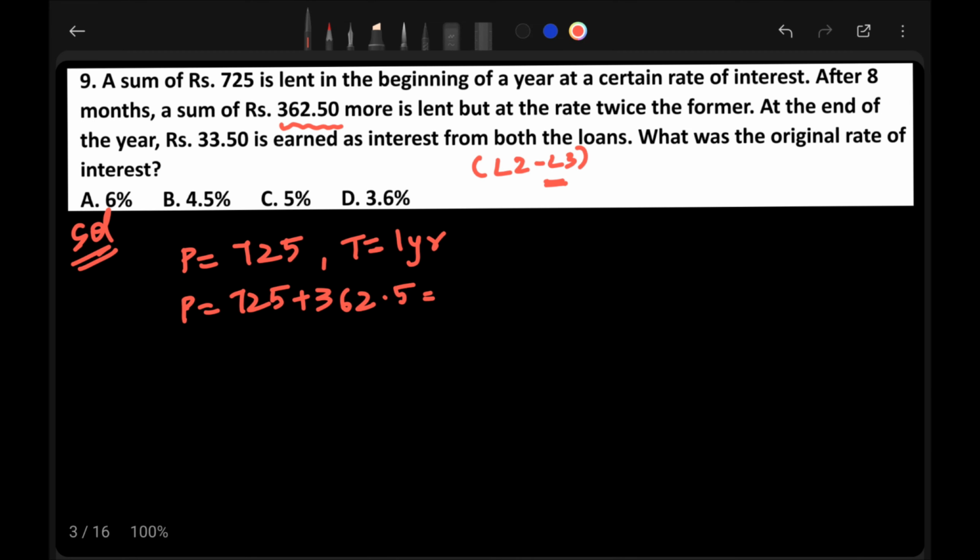Sorry, not add. This is the extra amount, right? So what we shall do, this is for 1 year. Here we shall decrease the time. He said after 8 months, keep that in mind. So that means for 4 months this amount is valid. How much did he take?